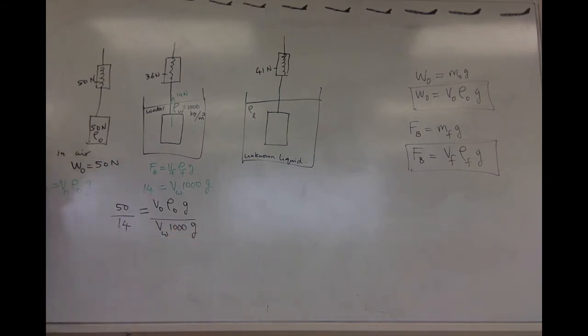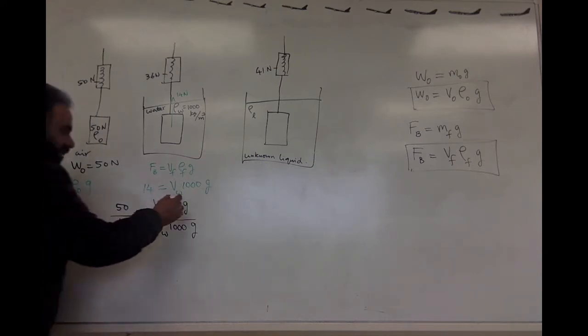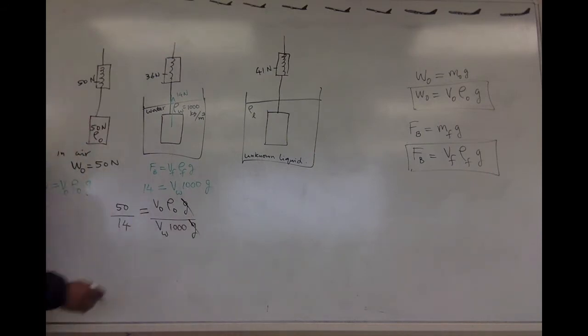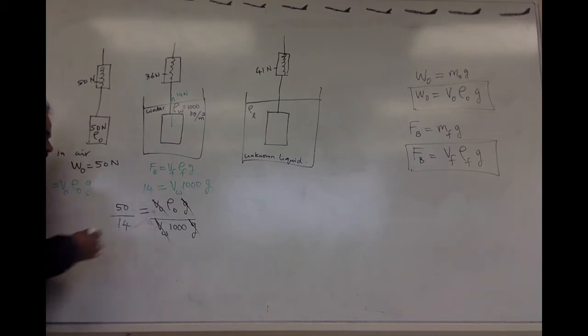Is that clear? I'm just dividing the two equations. Now what can you do here? Cancel out the g's. Then cancel out the V's because they are both the same volumes. Now you know what to do from here on. It's straightforward. Go ahead, cross multiply, and then you can solve it.